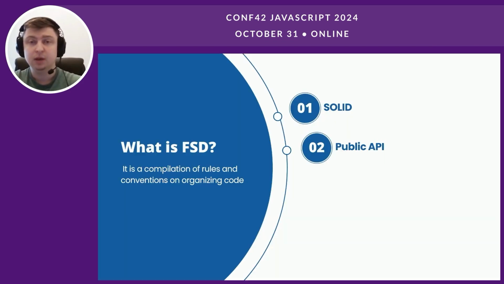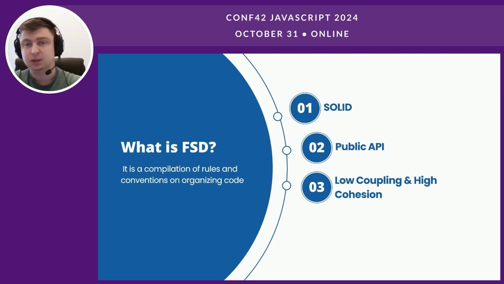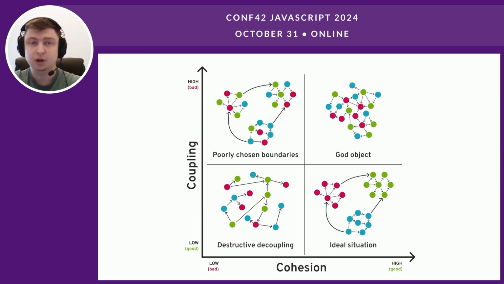Next one, public API. Public API is a pretty small architectural pattern, but also pretty important because it can help you write maintainable, scalable code. Next one, low coupling and high cohesion. In this diagram, you can see what it means.